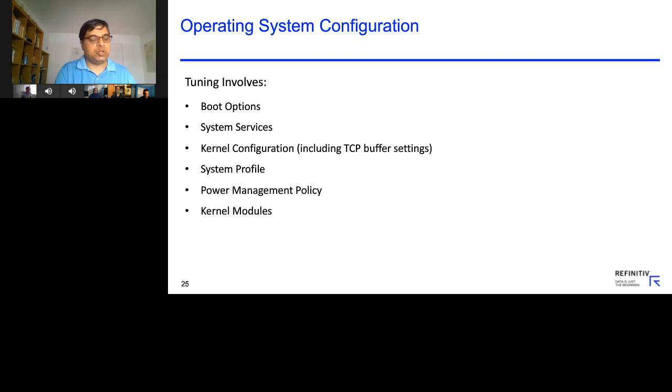So you can choose a profile that meets your workload. That's also there since Red Hat 6 days, so we continue to leverage that. And then the power management policy is basically to turn off some of those power saving options. And the same goes with the kernel modules. We just unload what we don't need.